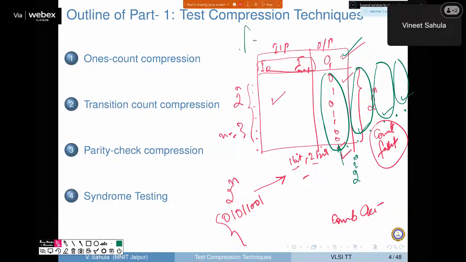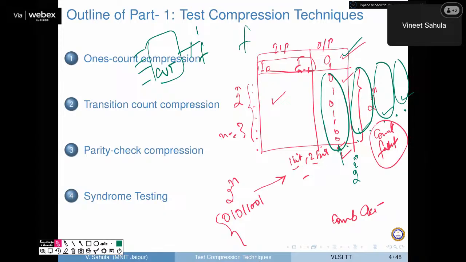If this is my single function f, input output relation, one output function, 1 bit output function for any given circuit under test, the kind of sequence I generate, the function I can realize, will be 2 to power 2n. This is actually the number of output sequences I can get, of which one is correct and others are all faulty.